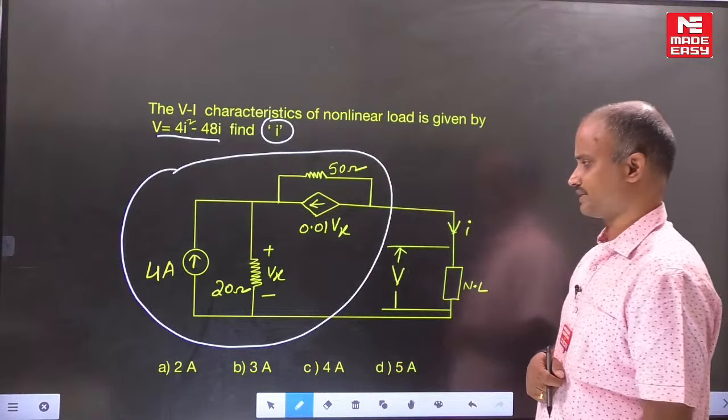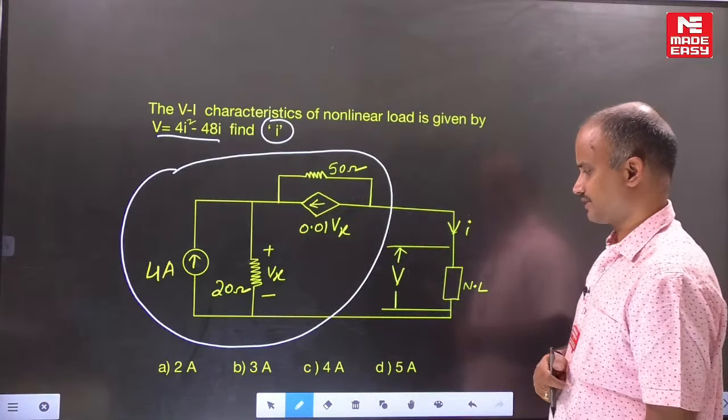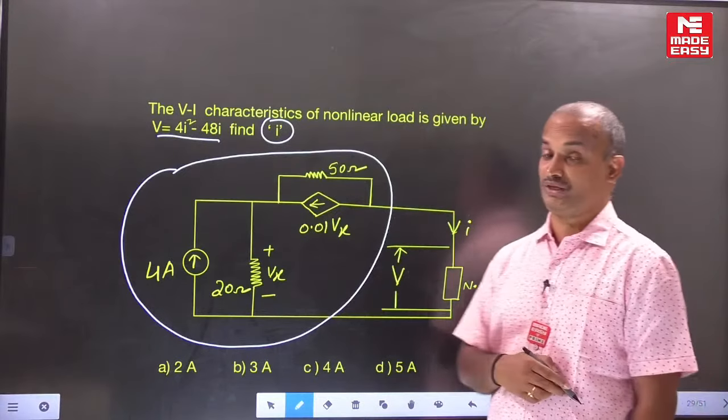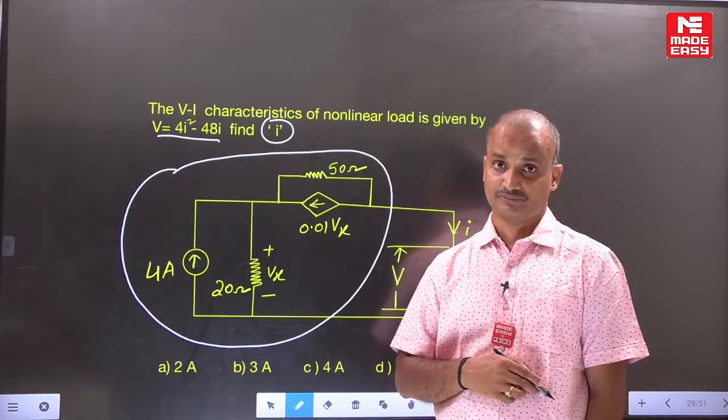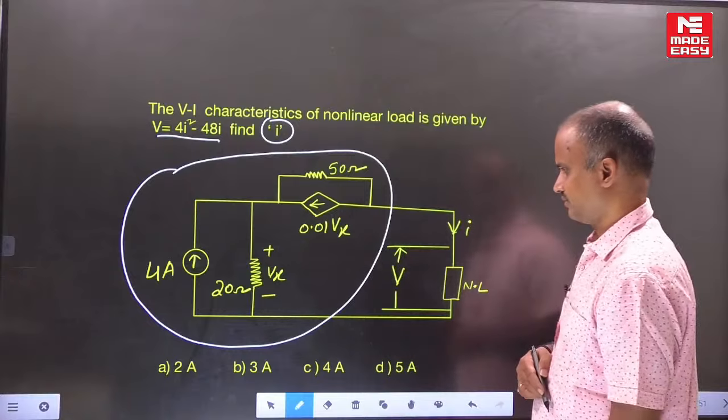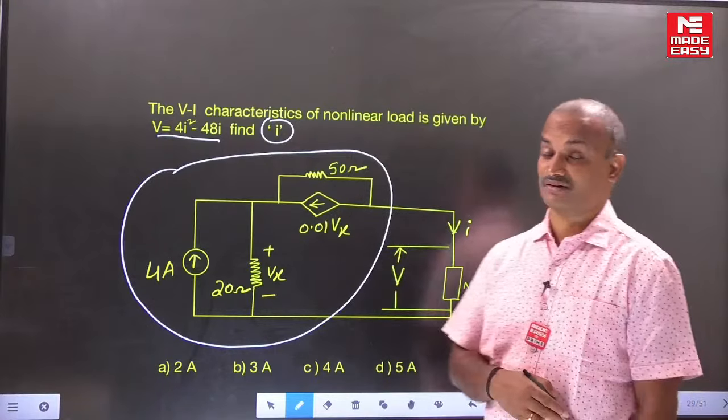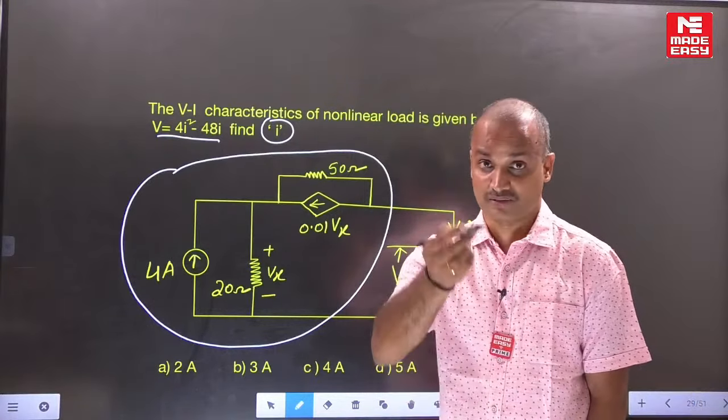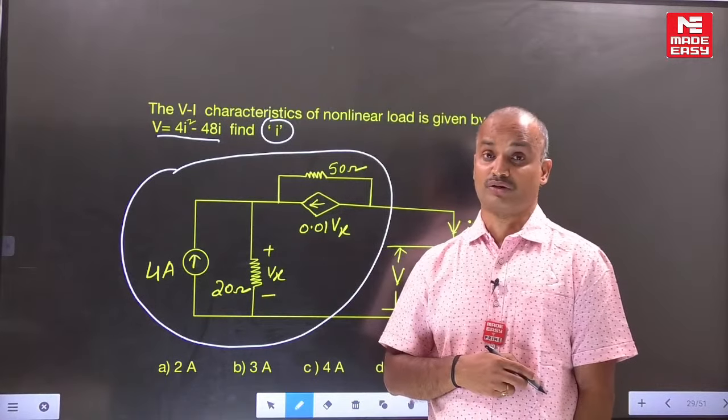Here I am going for Thevenin's theorem. Then you have to find V Thevenin's as well as R Thevenin's value. Whenever a dependent source is there, we discussed different methods in the previous video to find R Thevenin's.